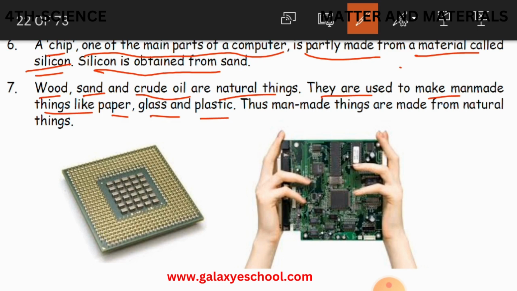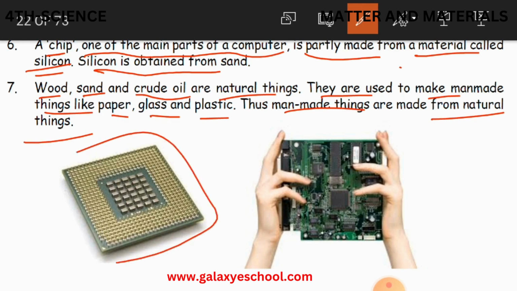With crude oil we are generating some types of oils, diesels and also some types of gases. So these are used to make man-made things, and that is why we can say that man-made things are made from natural things.